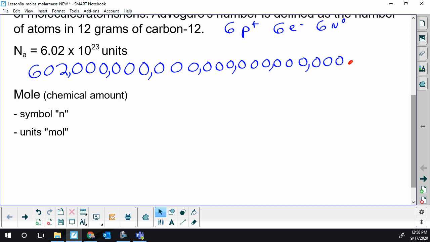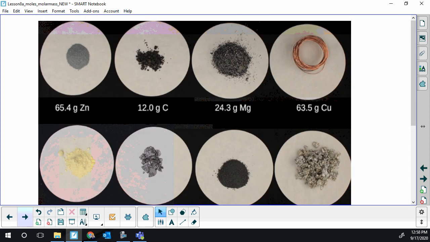My second slide is a bunch of graphics. You're not going to write this down. This is a picture of a whole bunch of chemicals that are exactly 1 mole. So we have our carbon. 12 grams of carbon is a mole. By definition, it has to be carbon 12, but even any form of carbon is pretty close to 12.